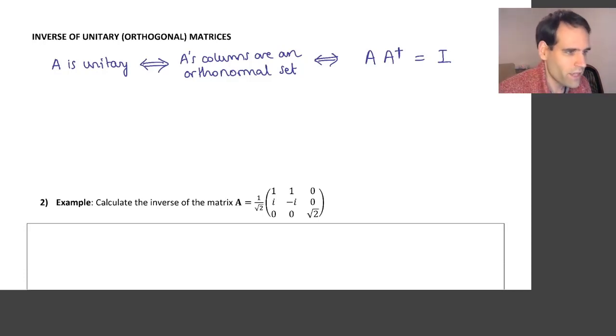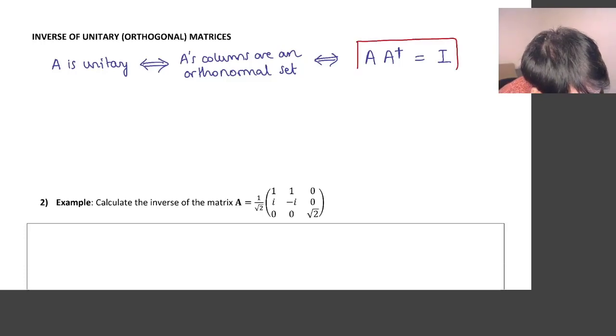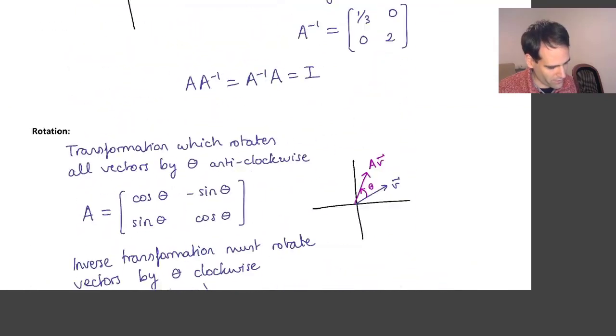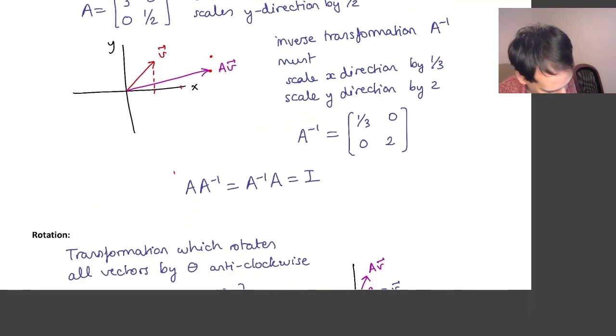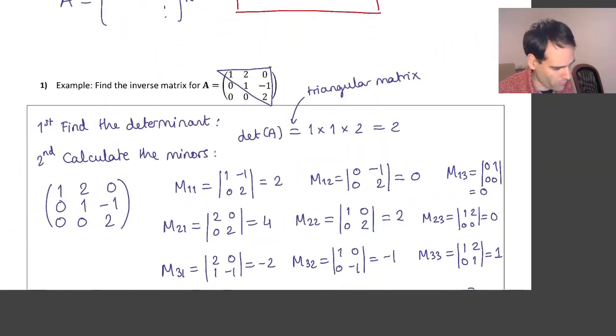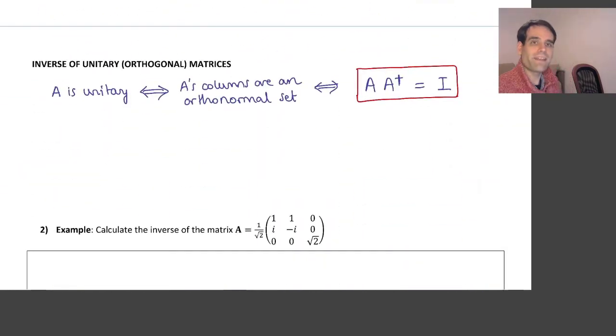Yeah? But now look at this final equation here. It should ring a bell because it's very similar to the definition of an inverse. So a matrix times some other matrix equals the identity matrix.